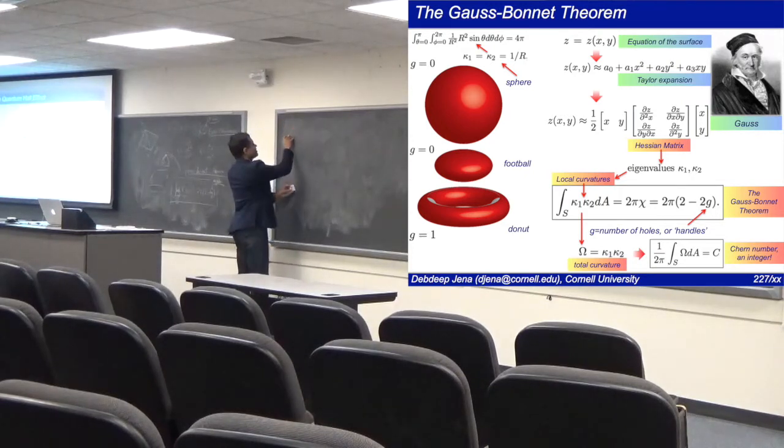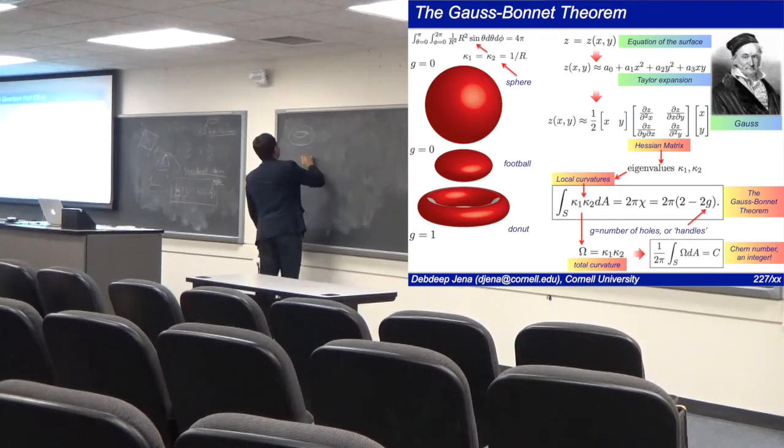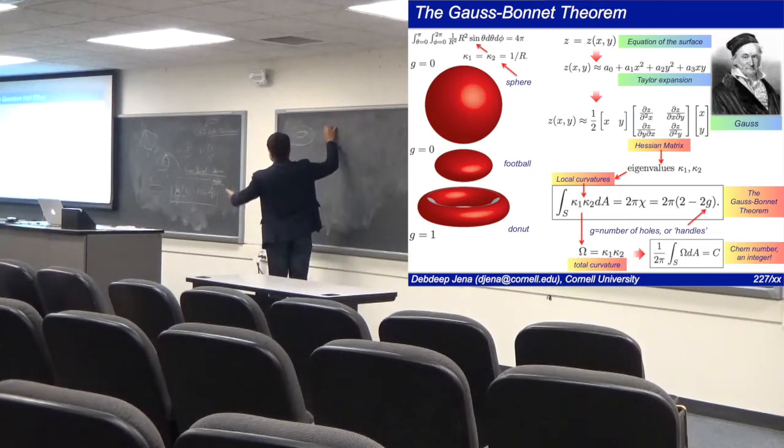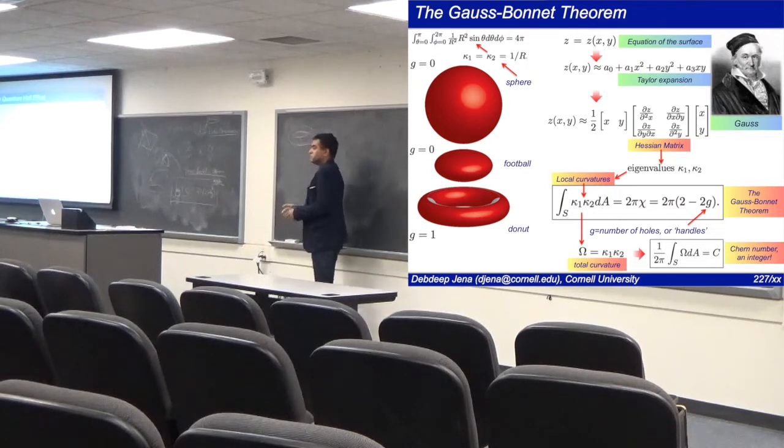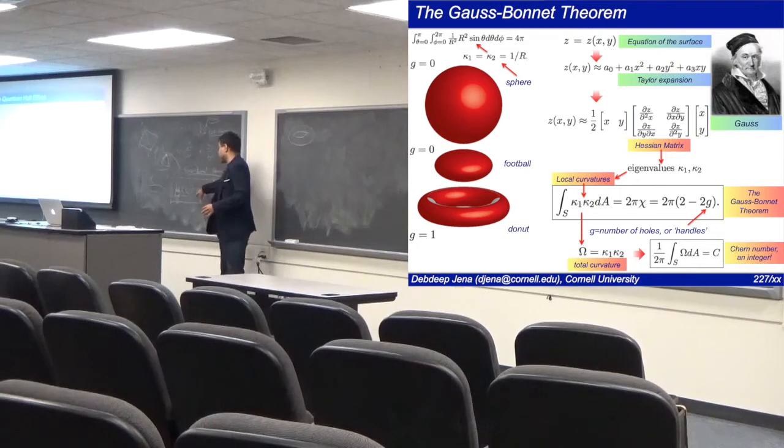So from there, you can tell me, if I take a donut, what would be my total Gaussian curvature? What's the right hand side if I have a donut? A donut has one hole, so g is 1, so this is 0.